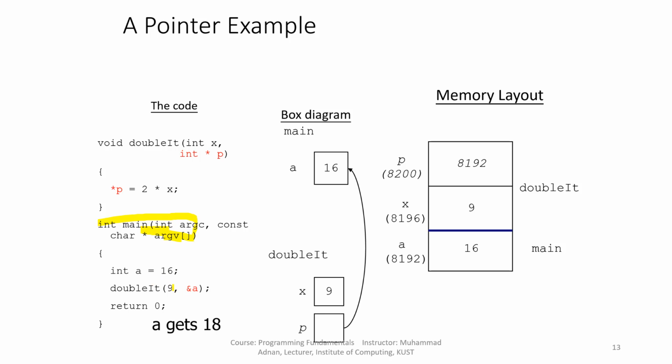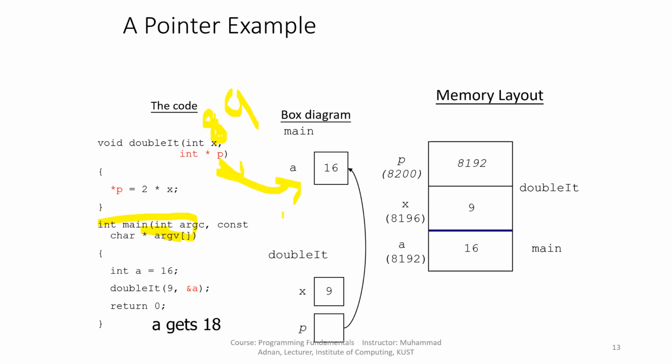When we call this double it function, the value 9 is assigned to x. So x gets the value of 9, whereas p gets the address of a. So here p is pointing to a.